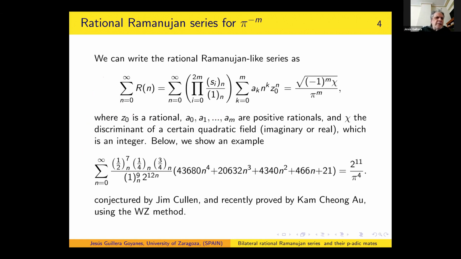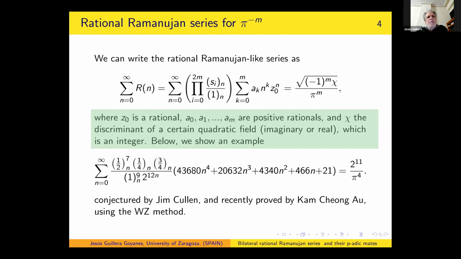And the value of Z is irrational. The values of the a sub k are positive rationals, and D is the discriminant of a certain quadratic field, imaginary or real, which is also an integer.